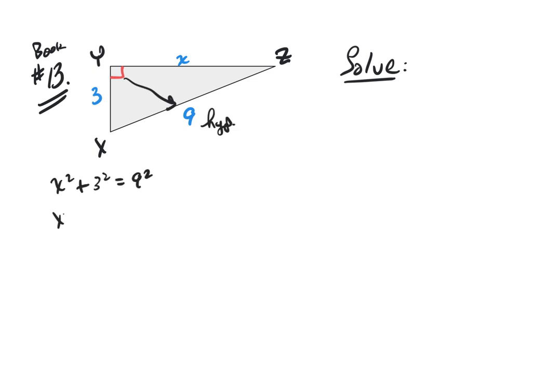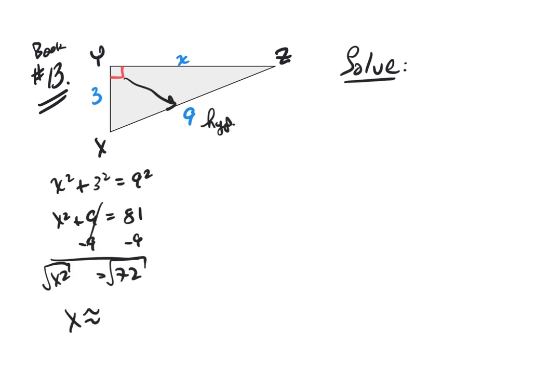And we can punch out the math, 3 times 3, 9 times 9, move plus 9 to the other side by subtraction, and get rid of the power of 2 by taking the square root of both sides. So x is going to be the square root of 72, which is approximately 8.5. So there's one of our missing pieces. Doesn't require any trig, just the Pythagorean theorem.